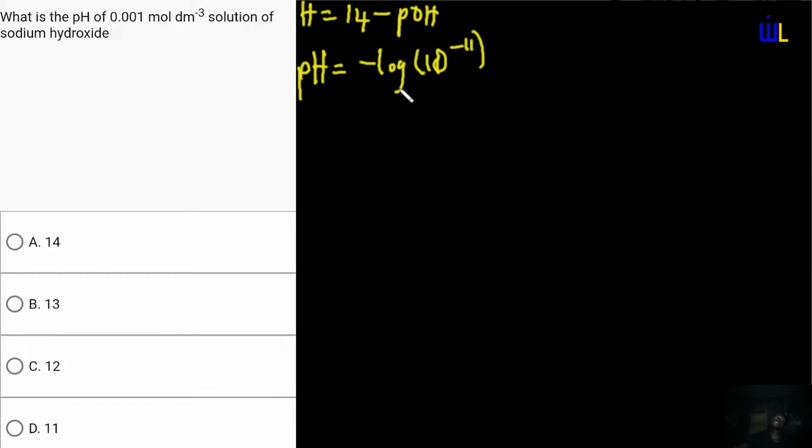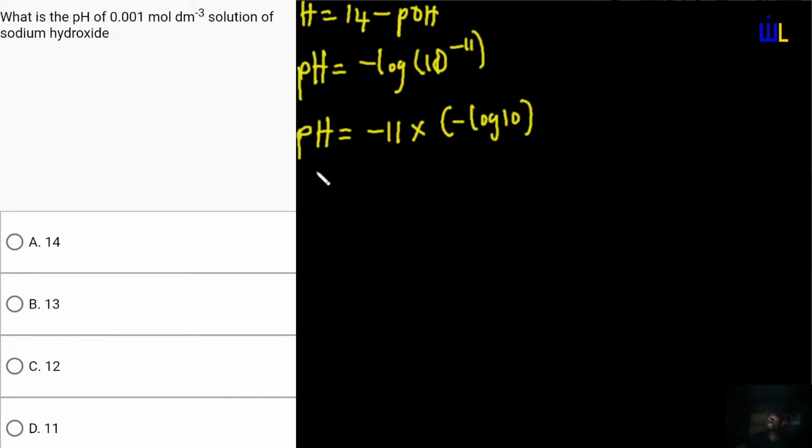Now let's solve this. If you have a power here, you should take this power and multiply this whole value. Remove it from here and multiply everybody. That's how to remove powers in log. So pH equals minus 11 times everything that is remaining, which is bracket minus log 10. Remember, we removed it from here and put it here.